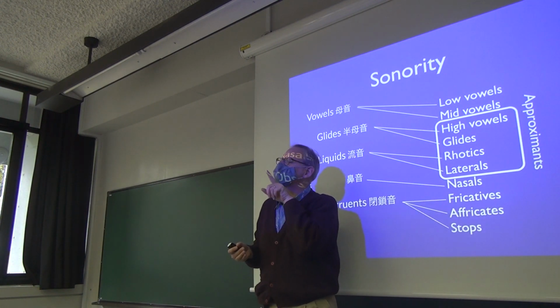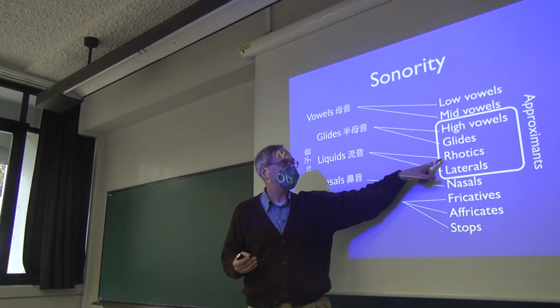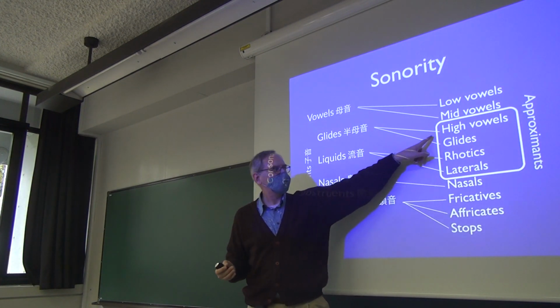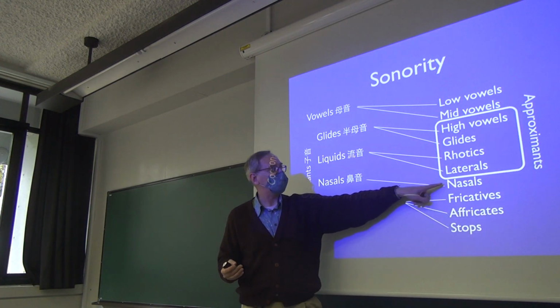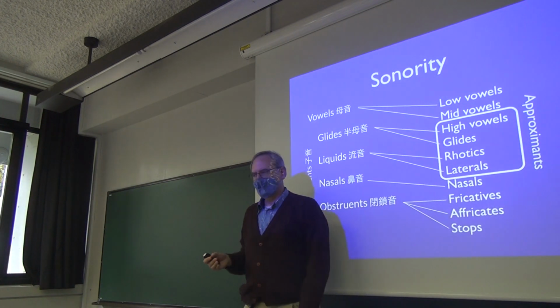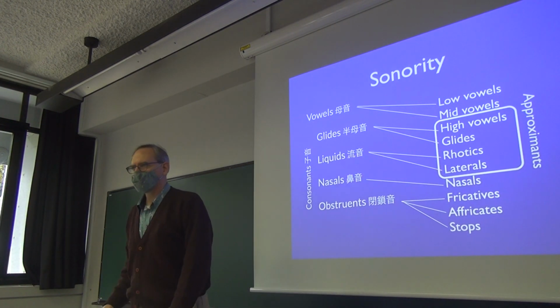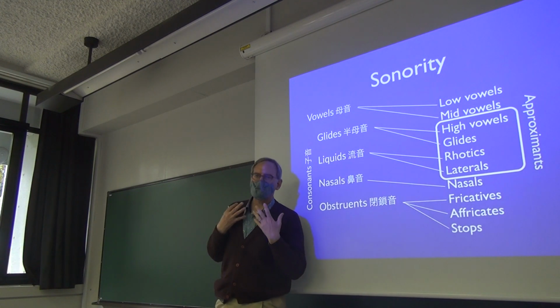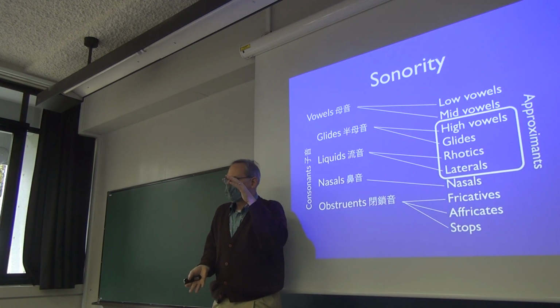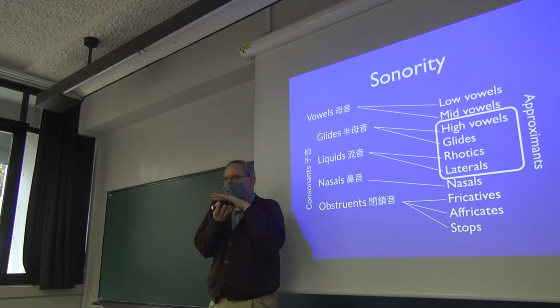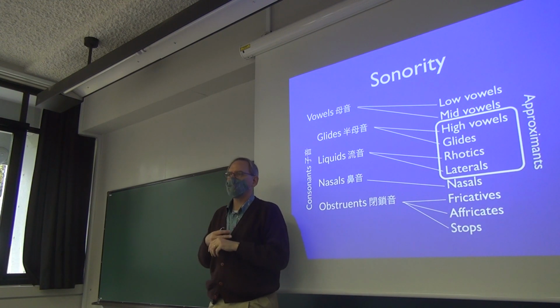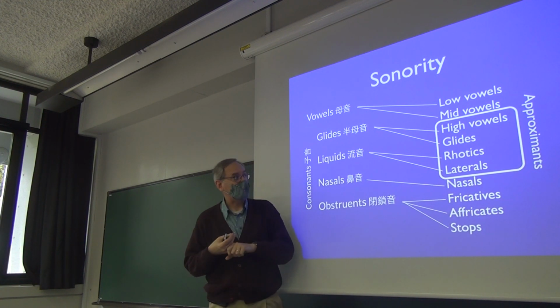For laterals, actually just the tip of the tongue does touch. But these segment types, not the nasals and not the open vowels, are called approximants because they share this property of bringing the tongue near the top of the mouth to create the speech sounds.